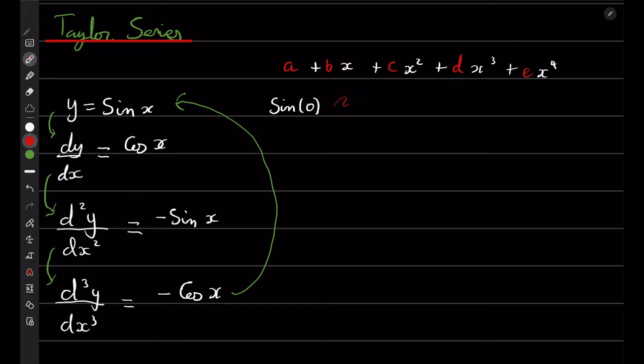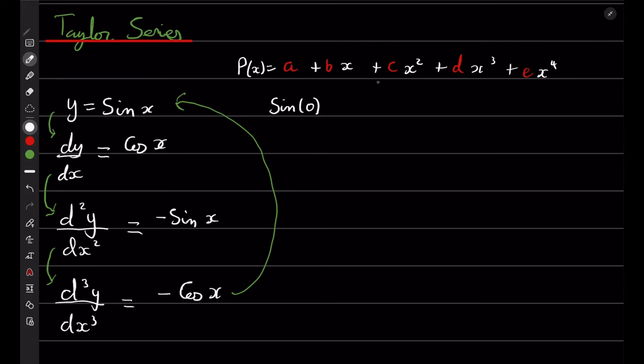should be equal to a, because when you plug 0 into the polynomial, the terms with x go away. This is not even the first derivative, this is just the plain function by itself. We're trying to match the value of y at 0 to the value of the function at 0.